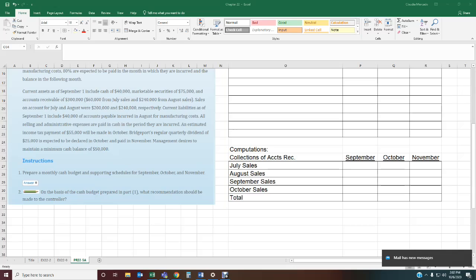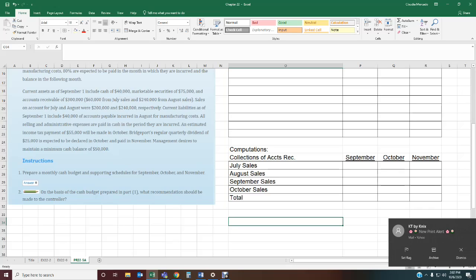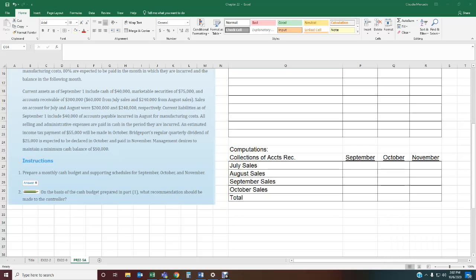Sales on account for July and August were 200,000 and 240,000. So this is very important. In July, I had sales of 200,000 on account. In August, I had 240,000 sales on account.